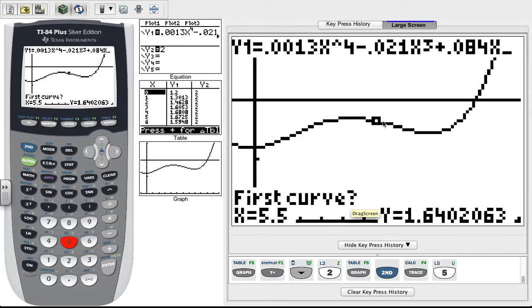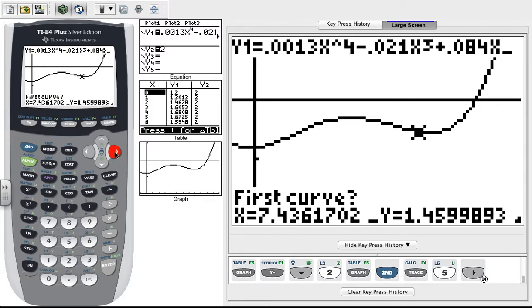The first curve is really the one line. You're going to choose a point to the left of the intersection. So here's my intersection. Scrolling left and right is going to move this cursor along this curve. And I just need to select some place to the left of this intersection. So here you can see I went too far. So now I move my cursor here, and it's definitely to the left of the intersection.